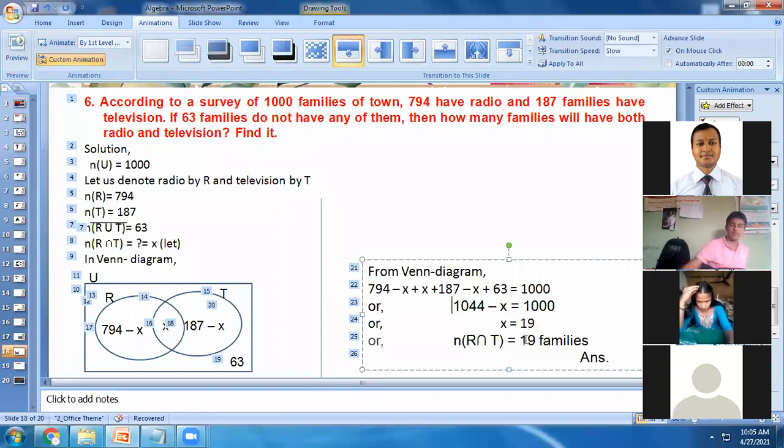Taking 1044 to the other side becomes minus 1044, so minus 44 and minus x. Just think in this way. Minus will remain here.